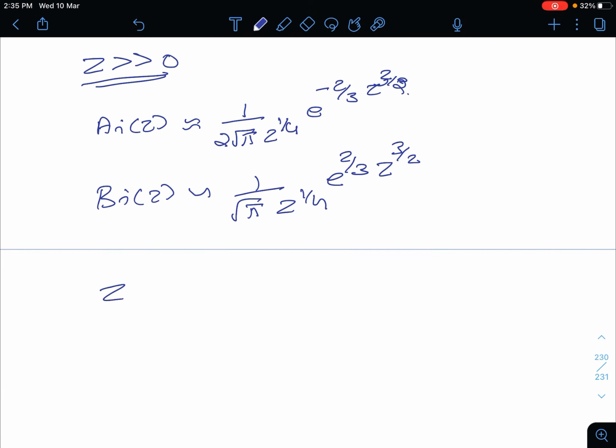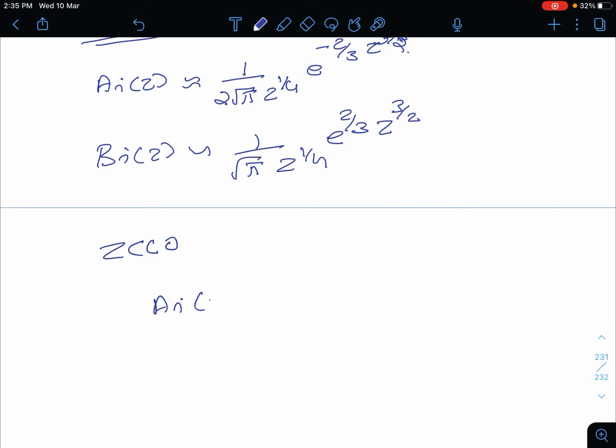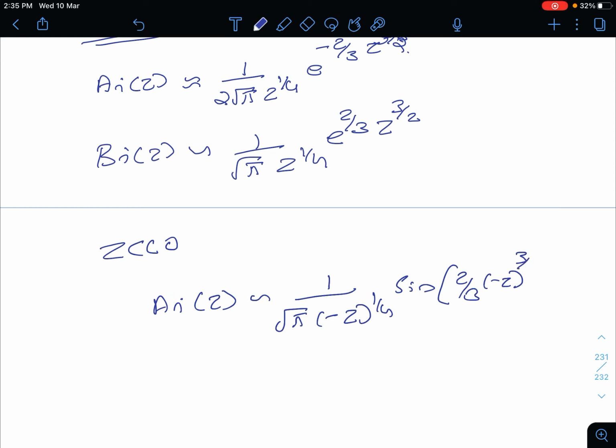And if z is much less than 0, in those cases Ai of z is equal to 1 by root pi minus z all raised to 1 by 4, sine of 2 by 3 minus z all raised to 3 by 2 plus pi by 4.